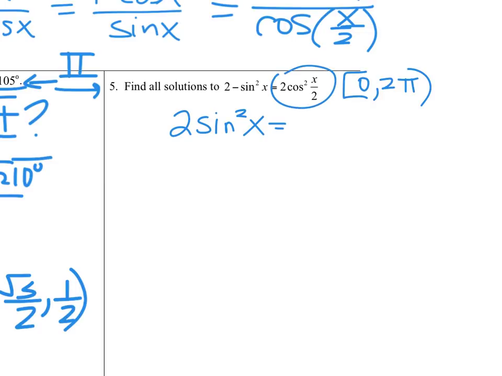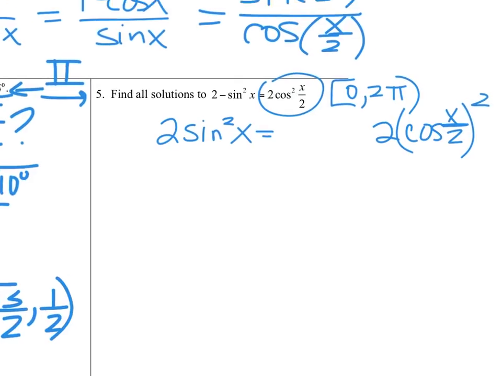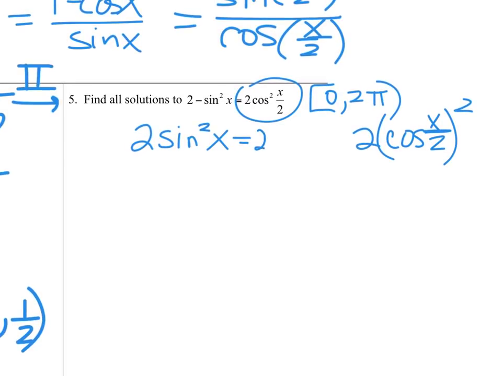This is 2 cosine of x over 2 squared. That's what it's equal to. So we're going to do 2 times the cosine of x over 2 squared.